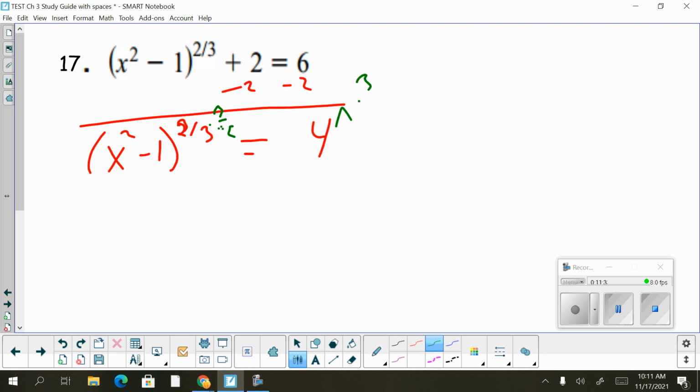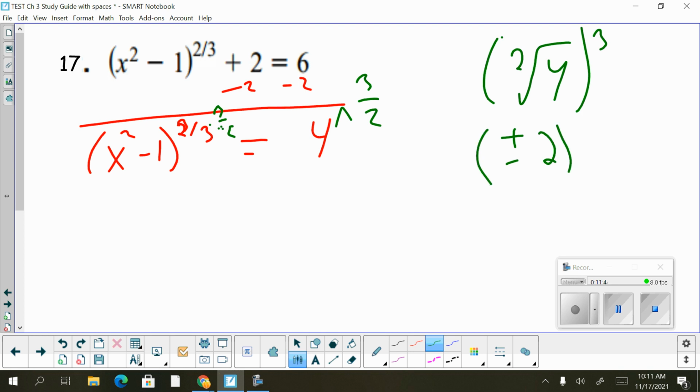Now, we did a problem like this in the 3-6 Polaris assignment. If you're square rooting 4, and then you're cubing it, it's technically plus or minus 2 cubed, so it's plus or minus 8. But here's the trouble with that.